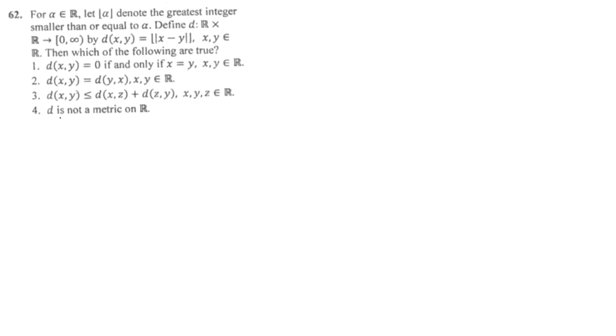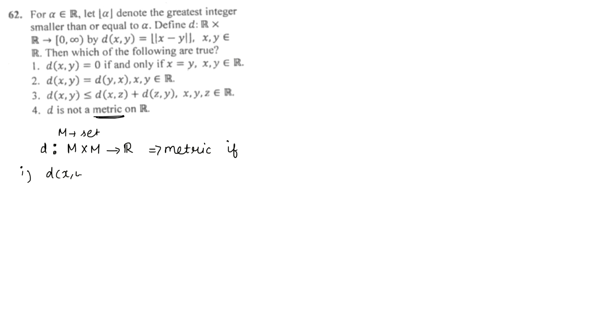Now option 4 is D is not a metric on R. First of all let us see when we can say that D is a metric. If D is a function from M cross M to R, where M is any set, then D is called a metric if it satisfies 4 conditions.